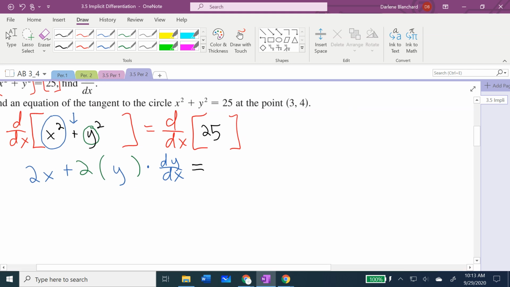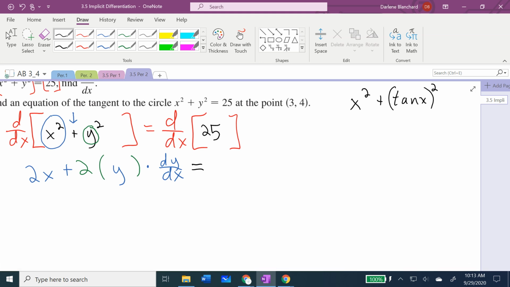So you can temporarily go, all right, what if this was x squared plus tangent x squared? How would I take the derivative? And for some of you, that will help you to see why you get what you get.